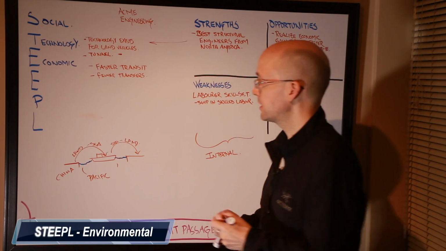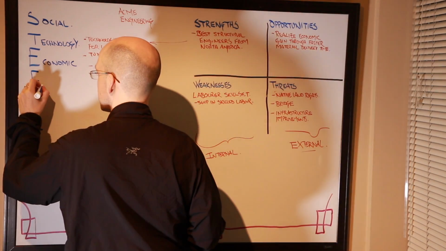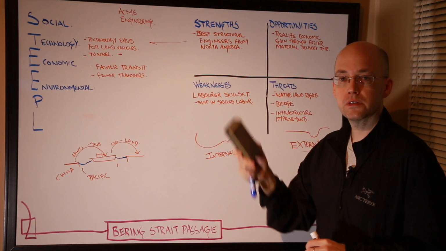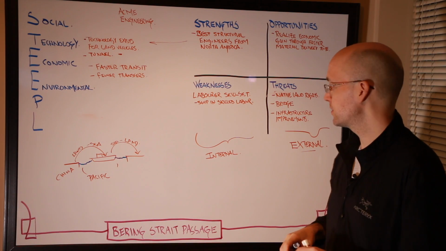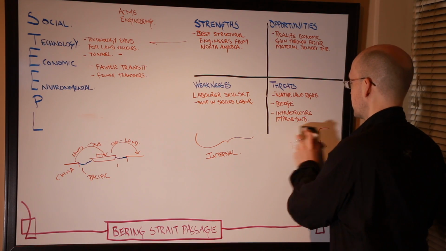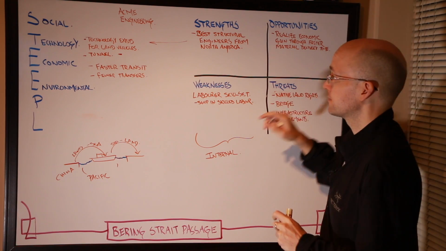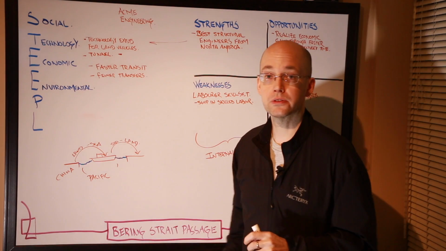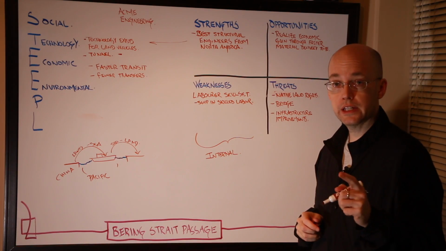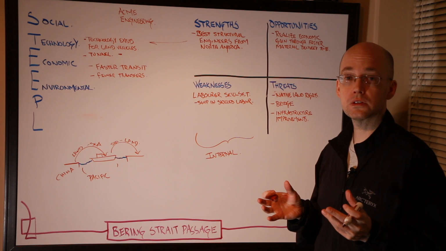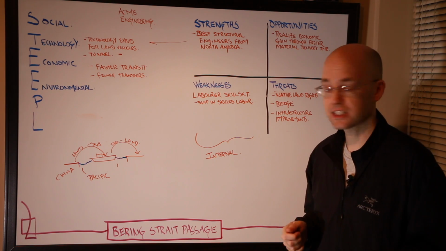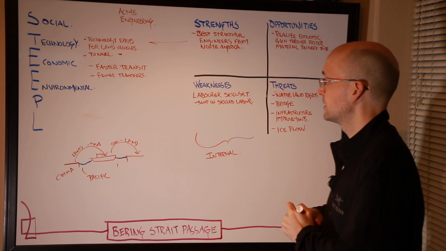Moving on to the next, we are going to look at environmental. For the project in general, there is another threat we need to look at, and that is, when we have environmental, we're looking at an area of the world that has a lot of ice flow.